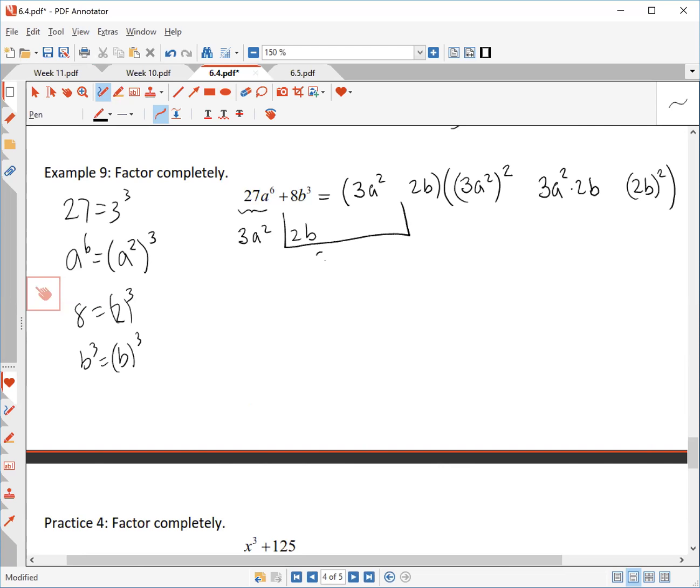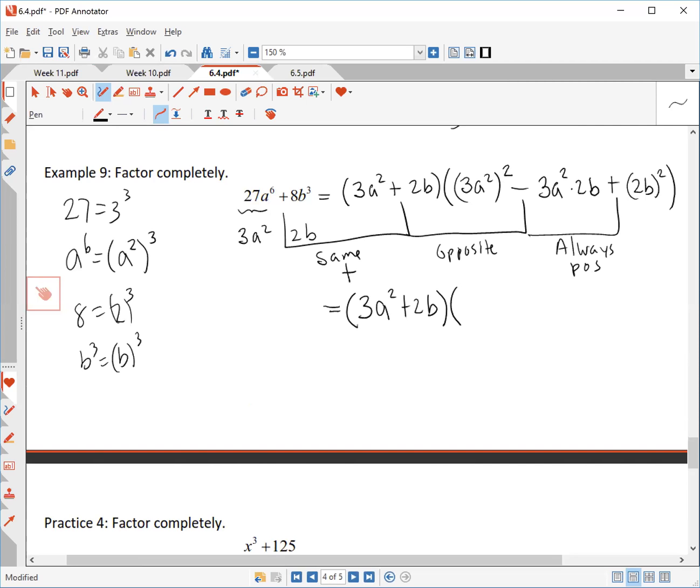Same sign, positive. Opposite sign, negative. Always positive. All right, so there's a little bit more to do on that one.